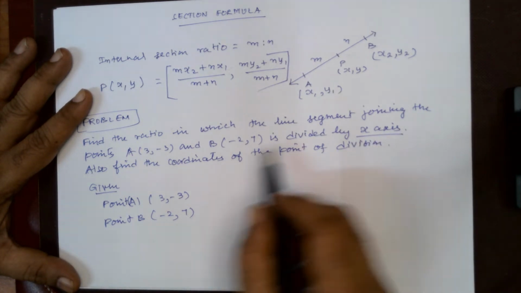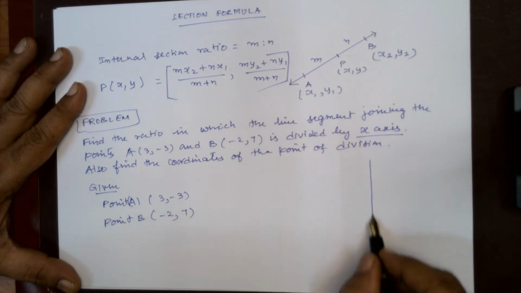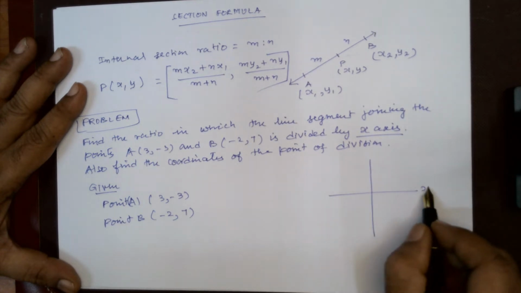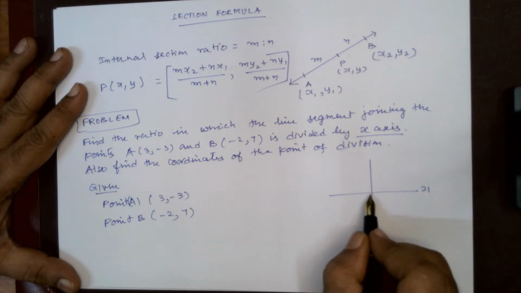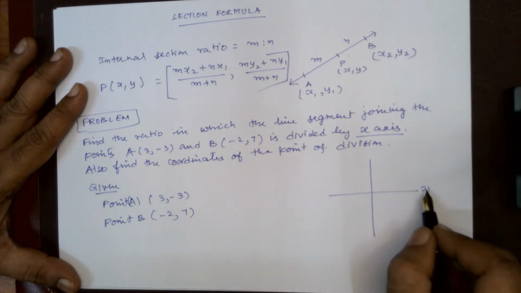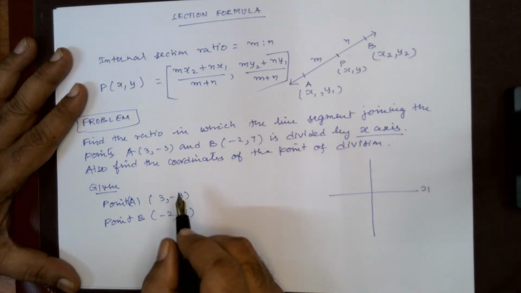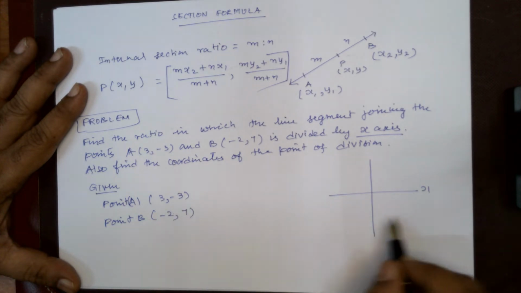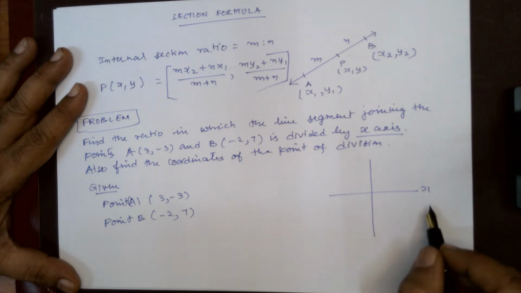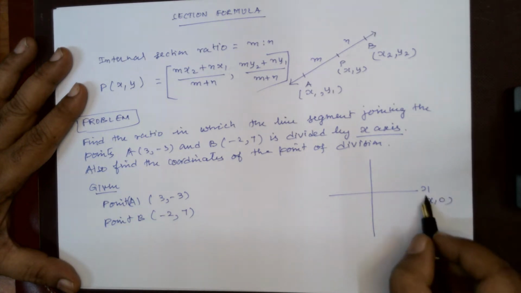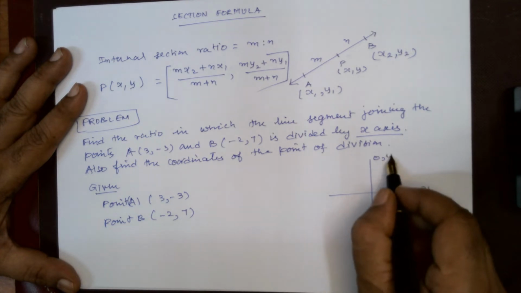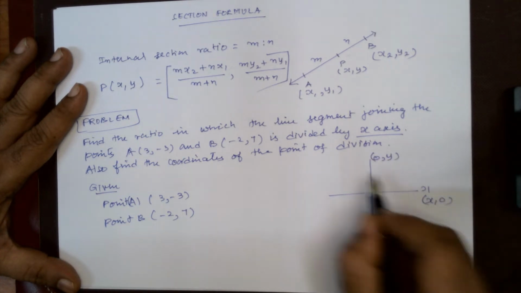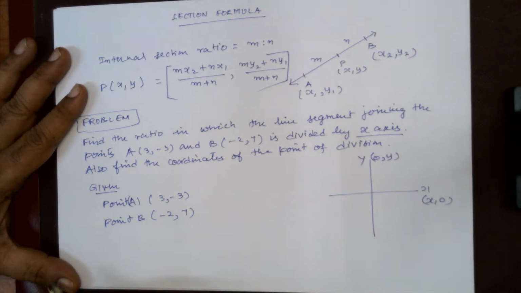Divided by the x-axis means y is 0. So the x-axis can be represented as x comma 0. Similarly, the y-axis can be represented as 0 comma y. Okay, right.